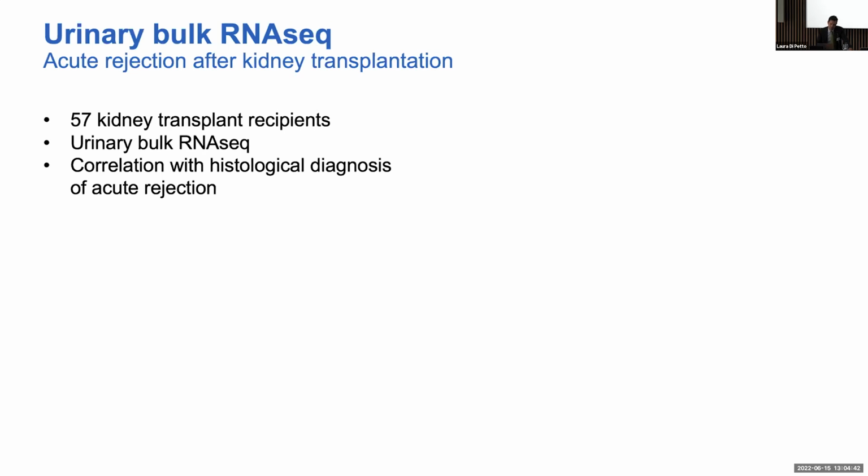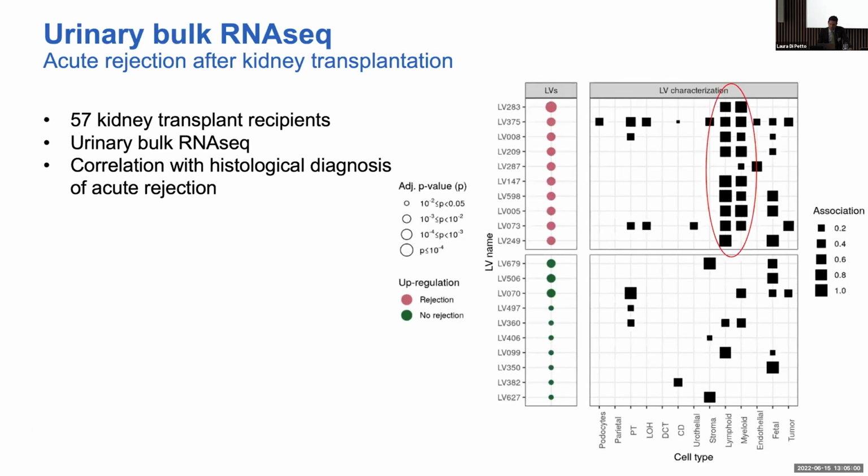We did it in a cohort of kidney transplant recipients, 57 patients in this case, where we had the bulk RNA-seq and a correlation with the histological diagnosis at the same time point. In this case, we were interested to see if we could find a sign of acute rejection. I will not go into the detail, but we looked at latent variables associated with rejection.